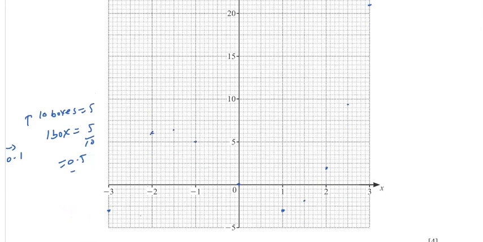Let's join them with free hands. I'm sorry, this portion went a little bit wrong from here.